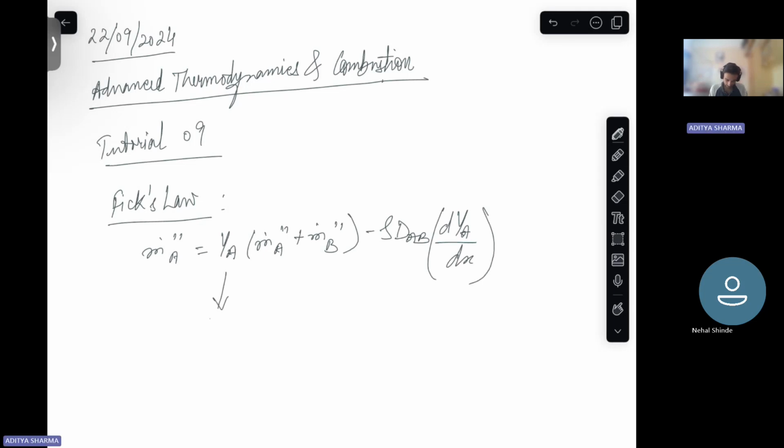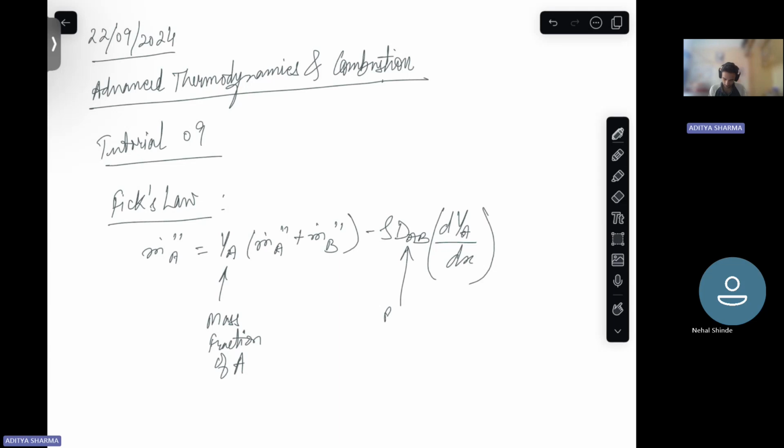So this is your mass fraction of A, right? And this is your diffusivity.